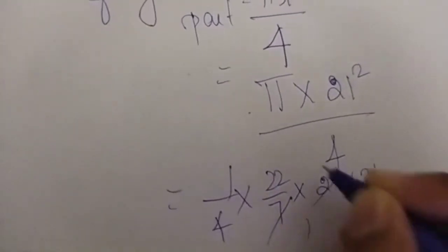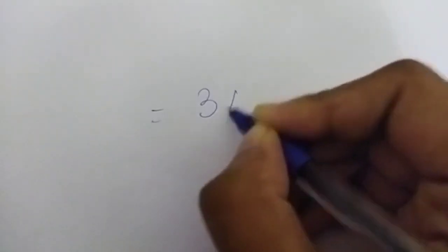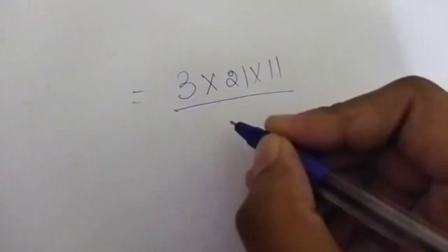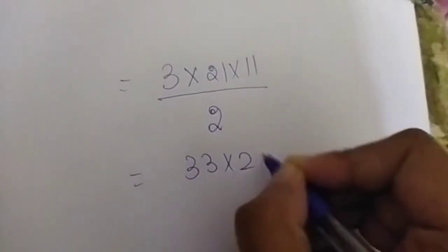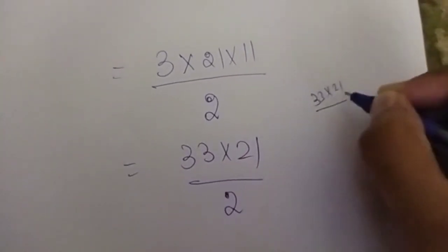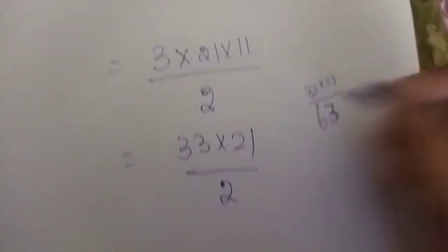This is 1 time, 3 times, 1 time. We can use 2 table, 2 times, 11 times. So we get 3 into 21 into 11 divided by 2. 3 into 11, 33. 33 into 21 divided by 2. So 33 into 21 is 693.